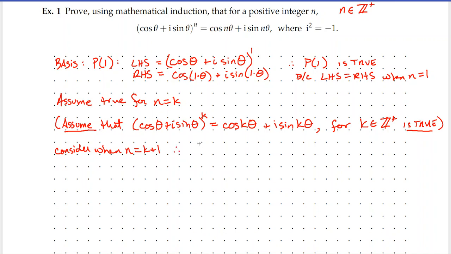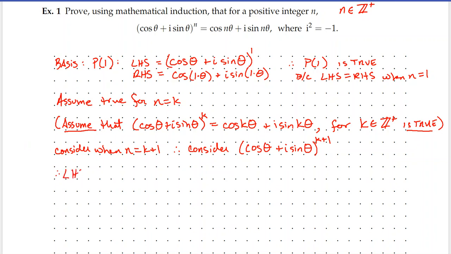Therefore, we're going to consider the cosine of theta plus i sine of theta raised to the k plus 1 power.